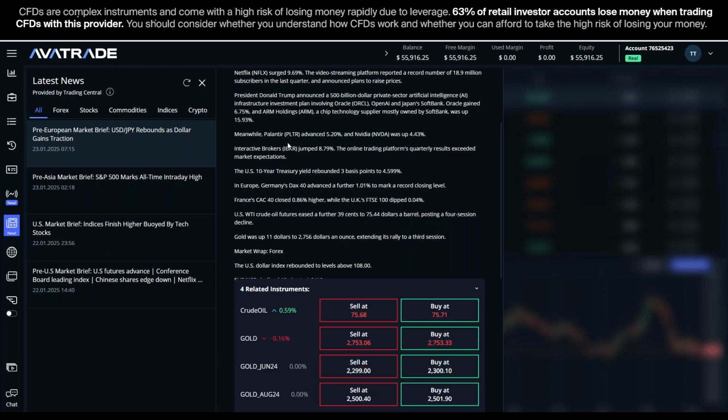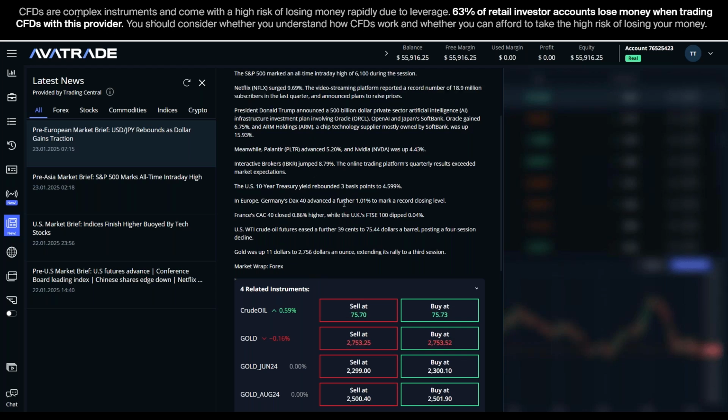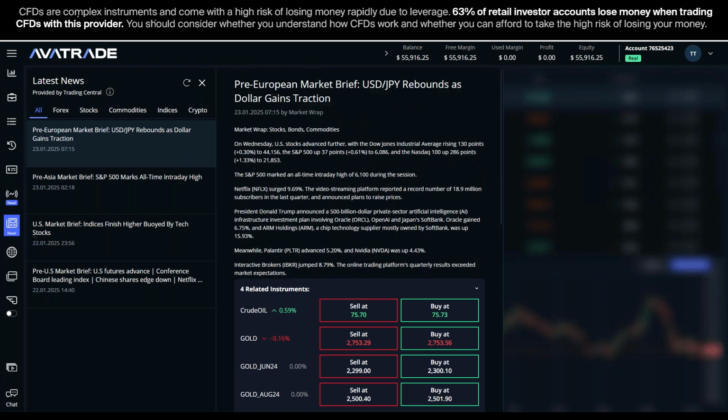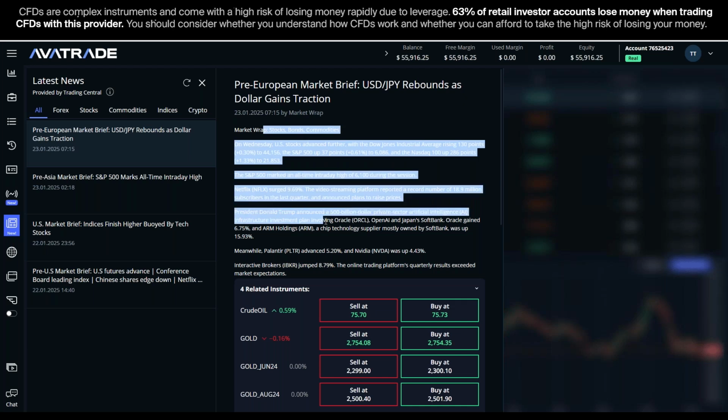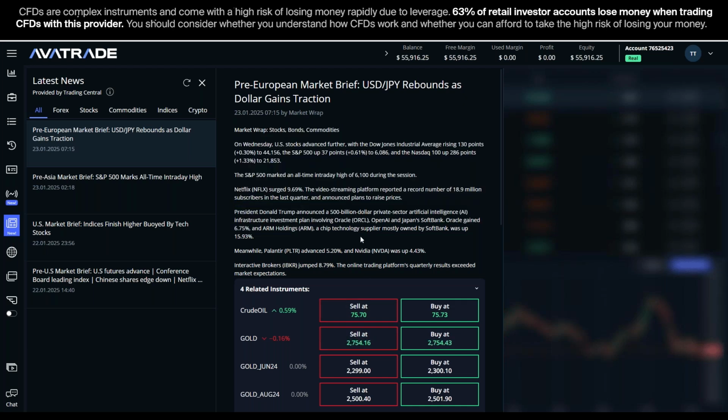Things that you might want to trade on based on this news. You can trade on other things as well. You read the news, and if it sways you one way or the other, then you can bring up any chart you want, really. There are some that are suggested, but you don't have to trade on those exact instruments off of this news, but they're likely related to it. That's why they're listed there. But this is another way to find information in a summarized version.